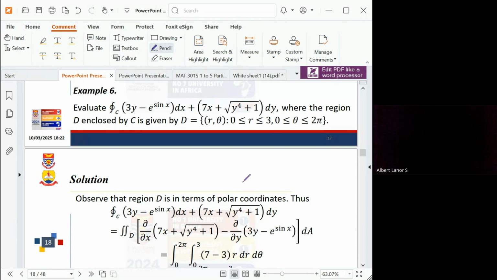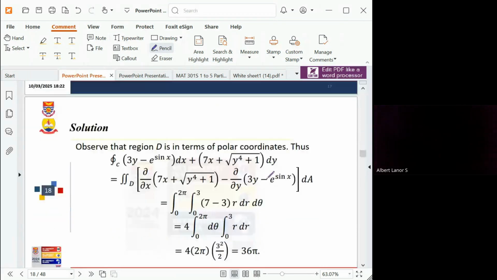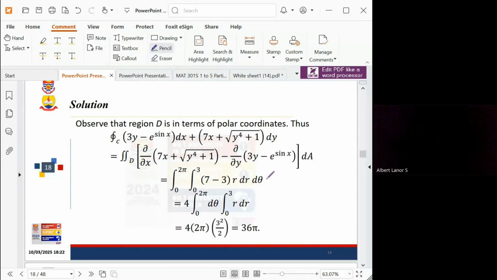So, if you formulate Green's theorem, you differentiate the second term with respect to x. Then you differentiate the first one with respect to y. So you see that over there.